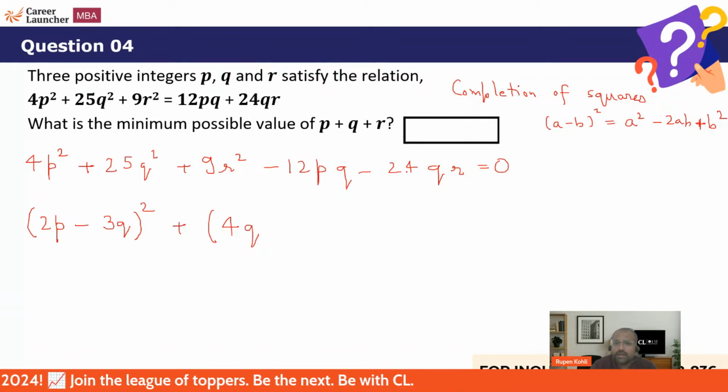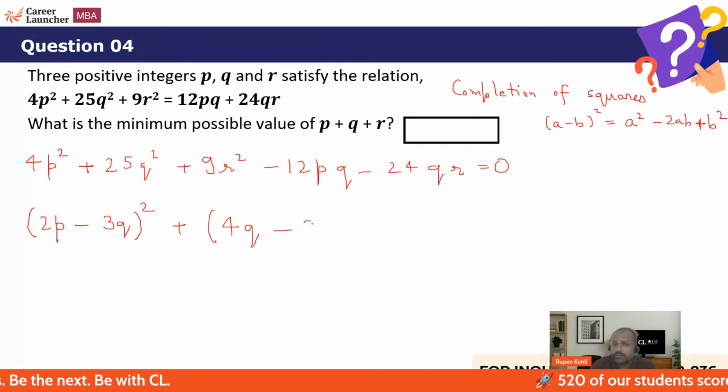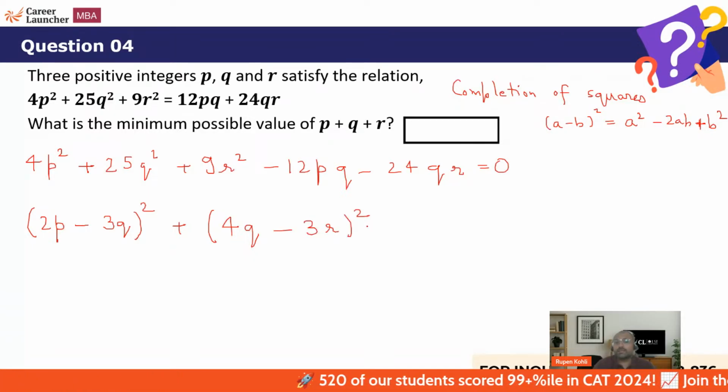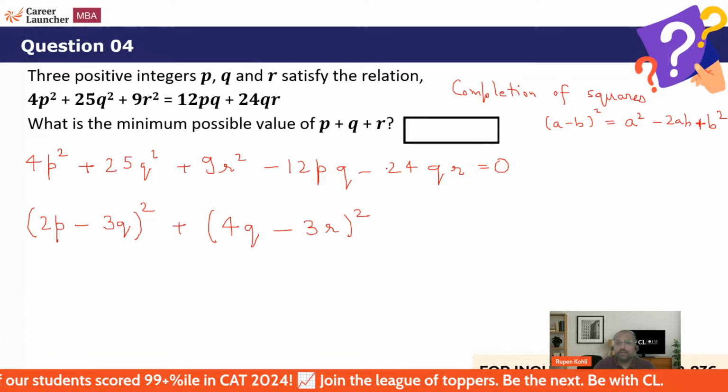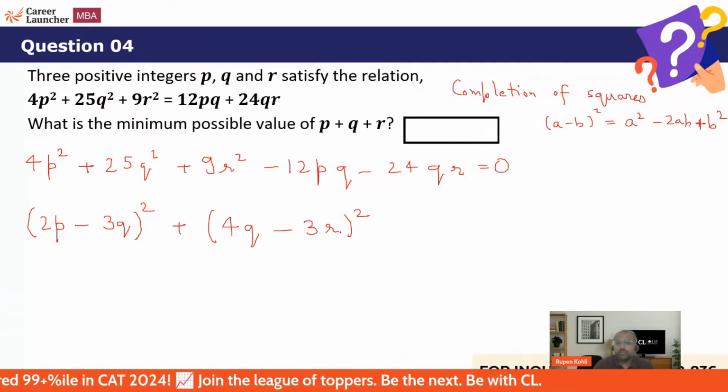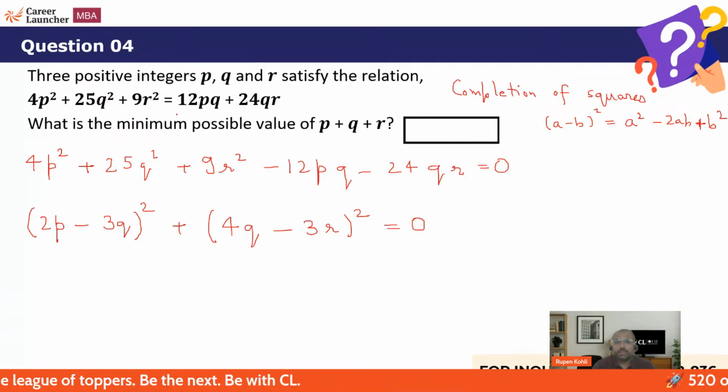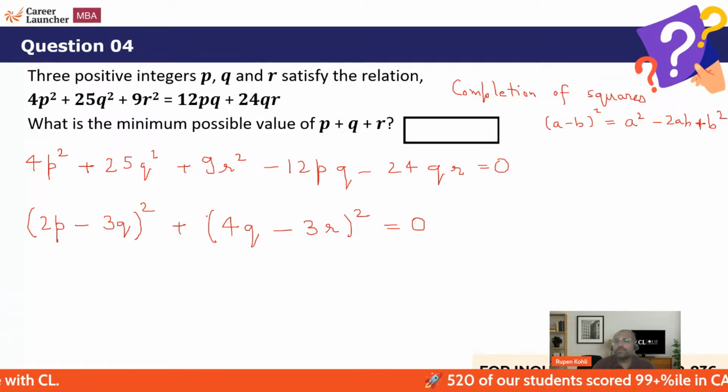And now looking at the fact that this is 24qr and you can see this is 9r square, if you write 4q minus 3r, then the perfect square of that exactly matches. So 25q square, done. 9r square, done. Minus 2 into 4q into 3r, which is this term, is done. So eventually this expression turns out to be the sum of two perfect squares.